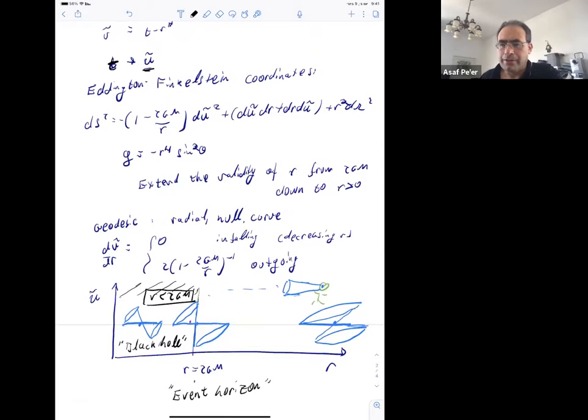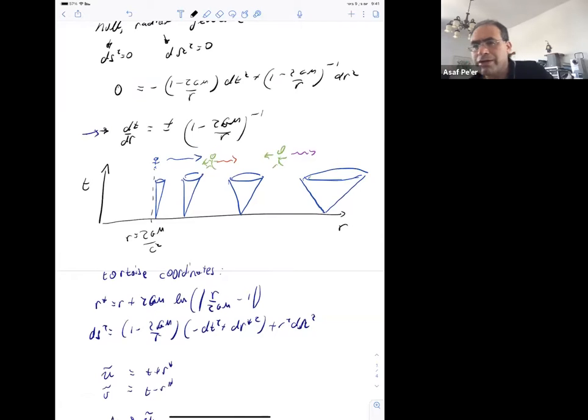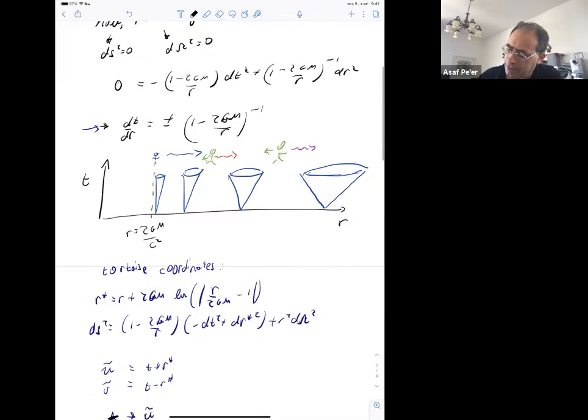Now, it can be quite confusing, but remember one thing. When we look in the regular coordinates that we used to think of, getting into the horizon means that t goes to plus infinity. So getting outside of the horizon means t goes to minus infinity, somewhere in the distant past.